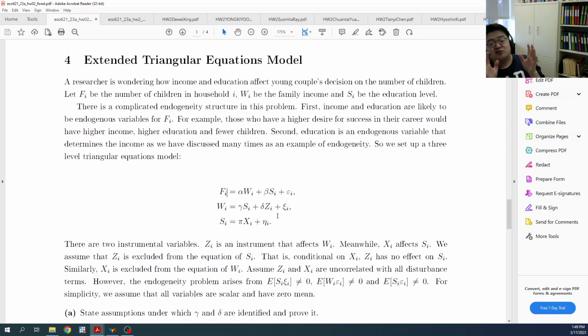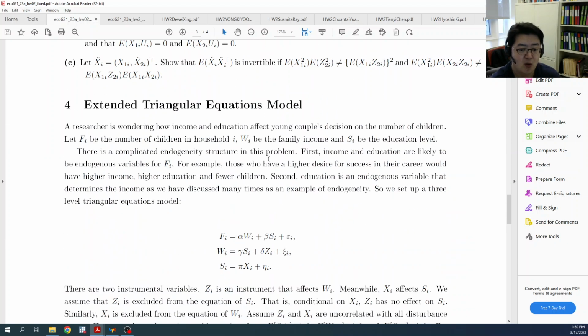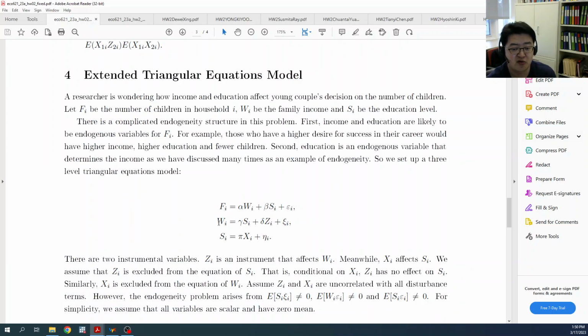So the exclusion restriction is more clear. For example, in this approach, Z2 is an excluded variable. So Z2 does not appear here. So the instrument is excluded from the main regression. Similarly, when you have another two-step endogenous variable, then you have to have an instrument for each of them, right?